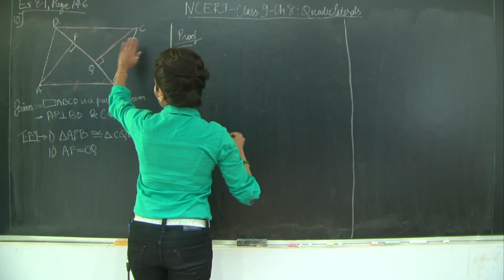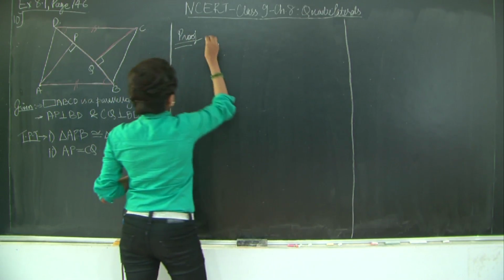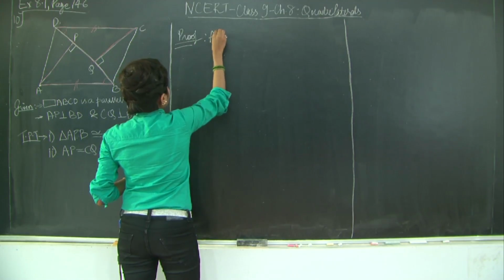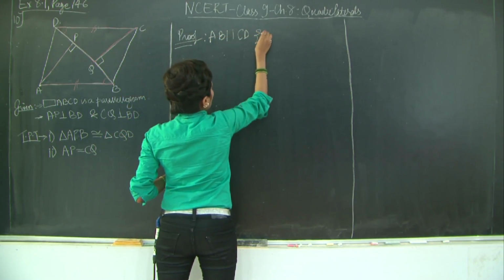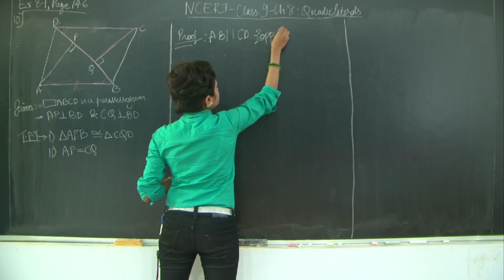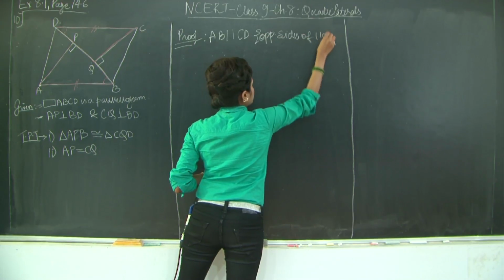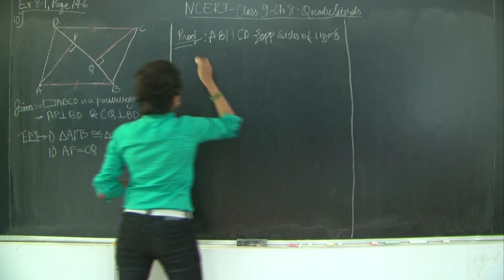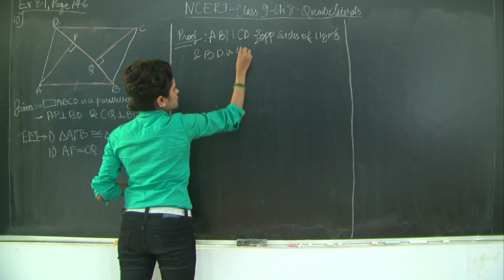Let us first prove that angle CDQ is equal to angle ABP. Okay. So, I will say AB is parallel to CD, opposite sides of parallelogram. And BD is the transversal.